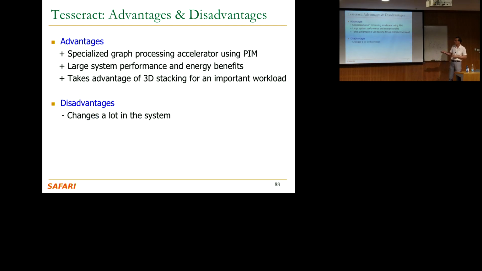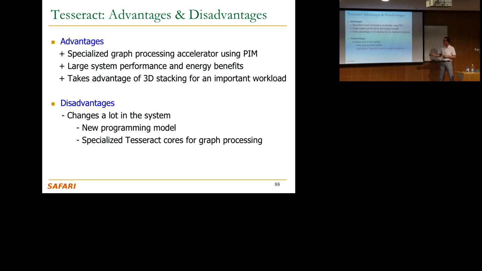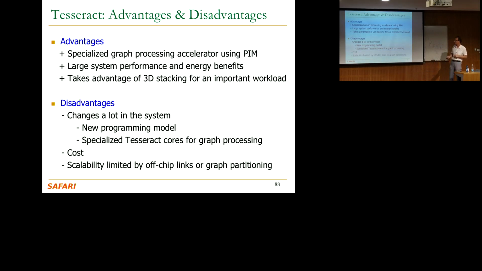Of course, there are disadvantages. Basically, we change a lot in the system. New programming model, new specialized Tesseract cores for graph processing. And the cost may be high. And I think the biggest issue, and I think this is true for all parallel systems that I know of, is scalability is always limited by your off-chip links or how well you partition your program on top of the distributed system that you have.